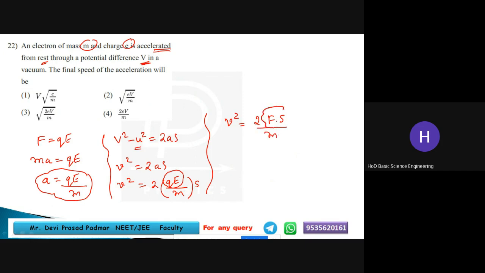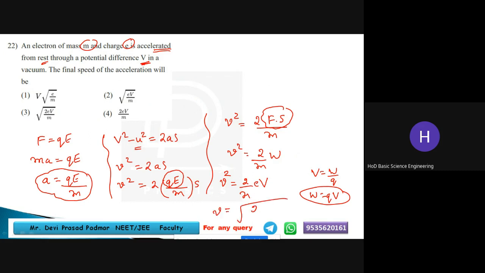What is force into displacement? That is work. Potential equals work per unit charge, so work equals Q into V. Here Q is e. Therefore, V square equals 2eV by m. Our requirement is V, so take the root of this: 2eV divided by m.